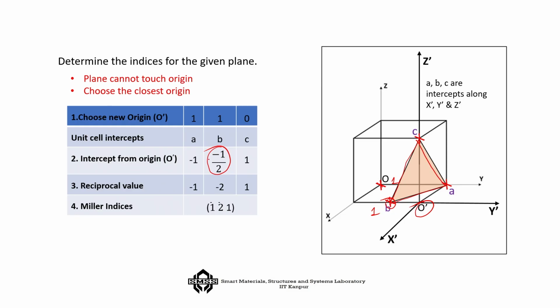So, you have -1, and then for the C you are going positive, and that is +1. In this case you have to multiply by 2, so that you get integers. That means Miller indices should always be full integers. So, -1, -2, 1, and I told you that this minus sign has to travel to the top. So, it will become 1 bar, 2 bar, 1. That is the way, if we have to shift the origin in order to define it with respect to the closest origin, this is the way we are going to tackle the problem and define the Miller index.